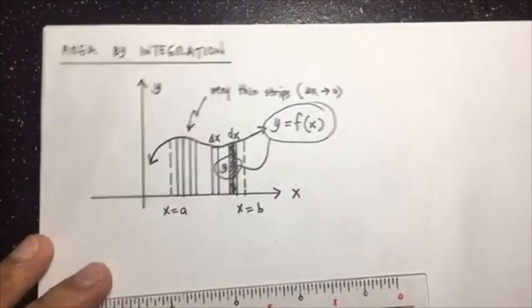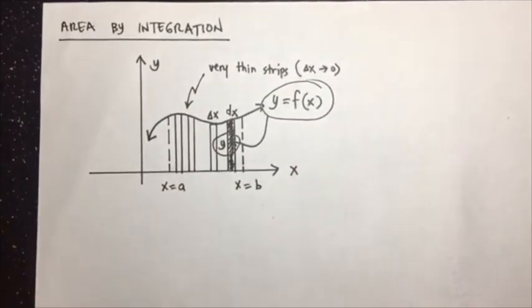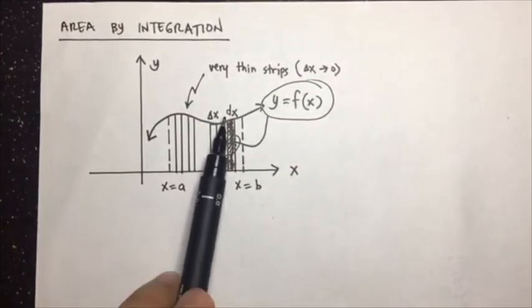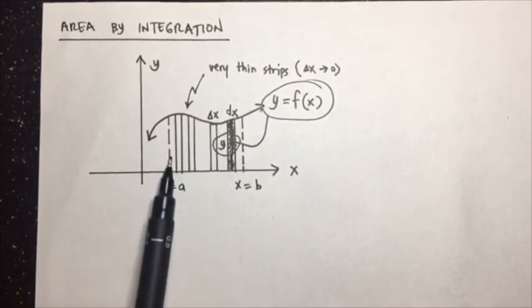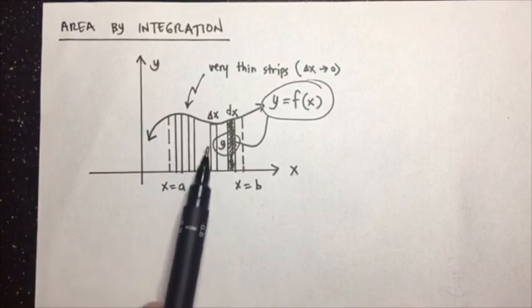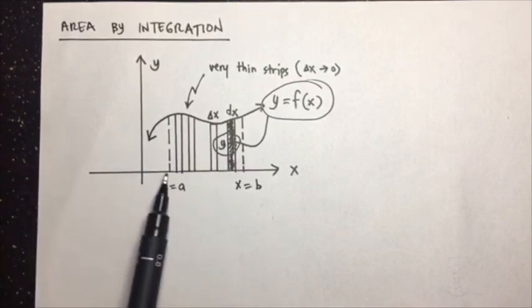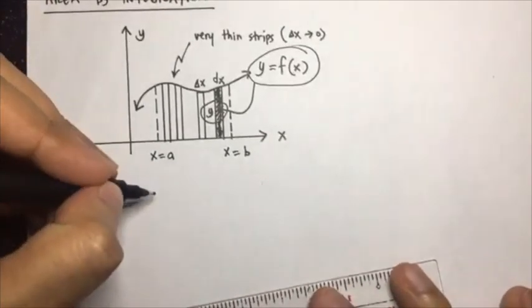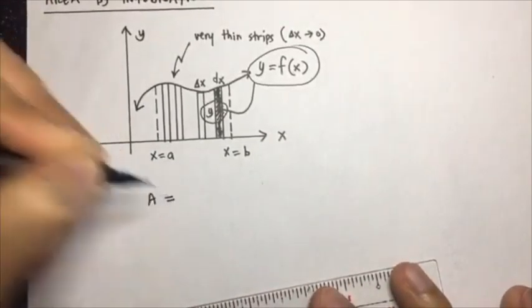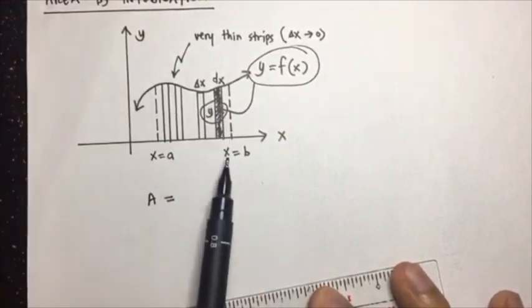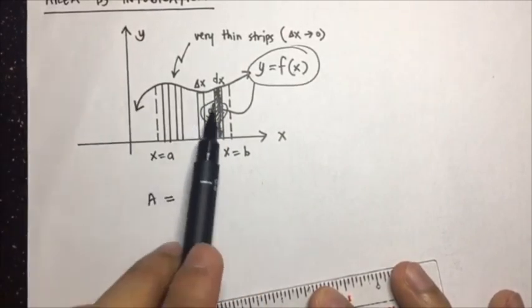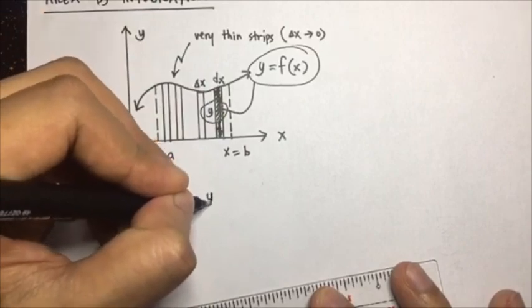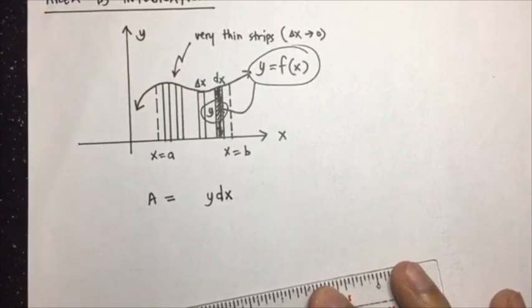So in solving for the area, we add all the areas of those very small strips from x is equal to a to x is equal to b. Therefore, the area of one strip is y dx.